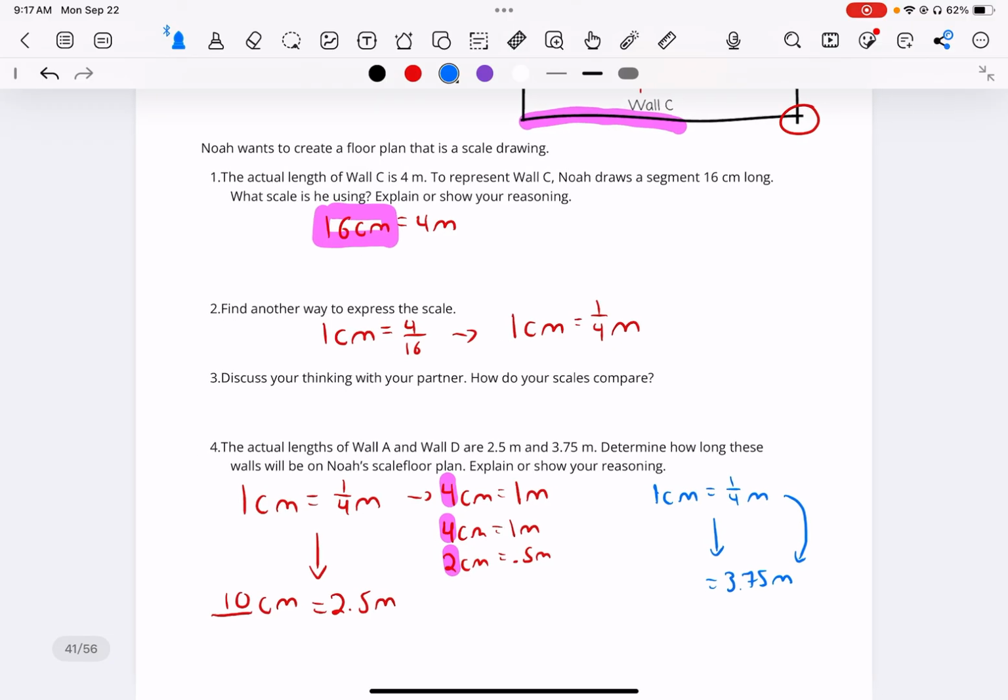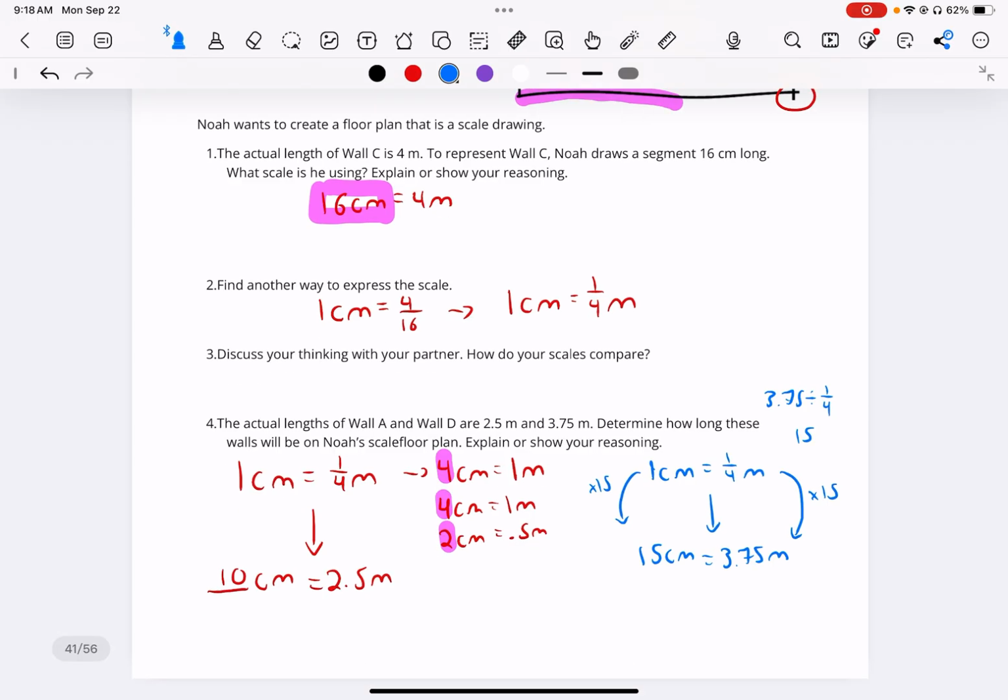To determine that, I can do 3.75 divided by 1/4, and that would give me 15. So here I'm multiplying by 15, so I'm going to do the same thing to the centimeters and multiply by 15, and I would get 15 centimeters.